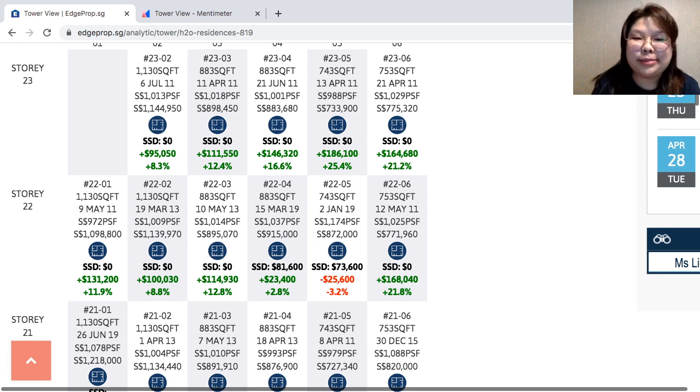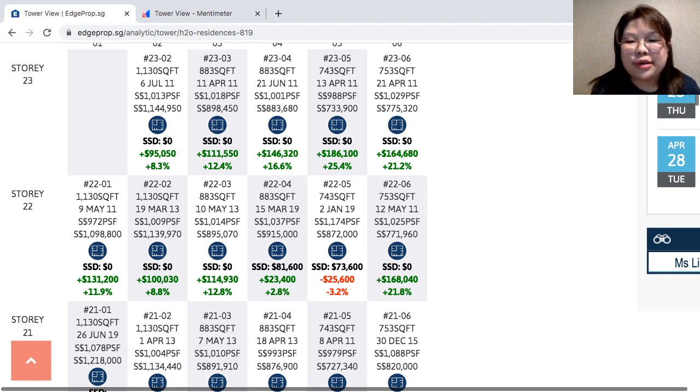But in this case, because these units are not transacted yet, we will not be able to know whether the seller's stamp duty should be based on the price or the valuation, and also we don't have either of these. So this seller's stamp duty would be the percentage and then based on the edge fair value.